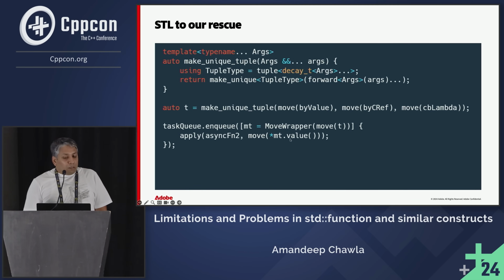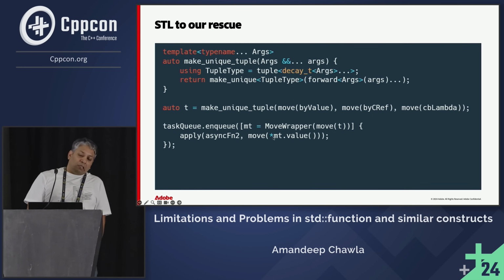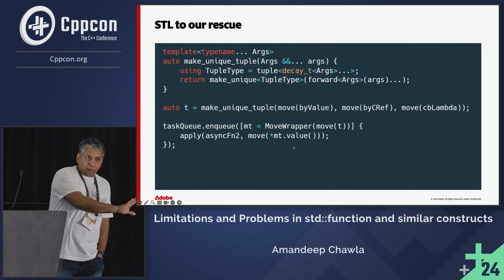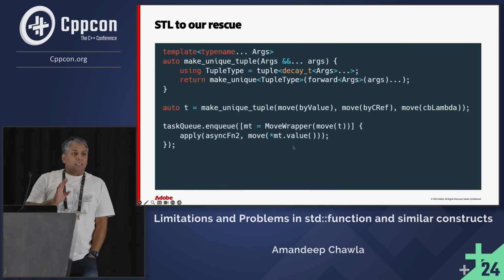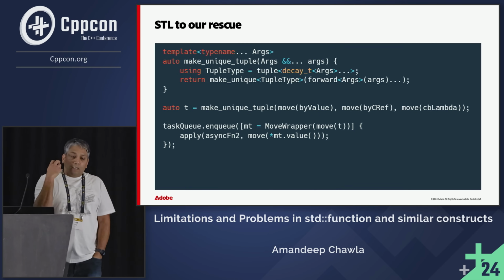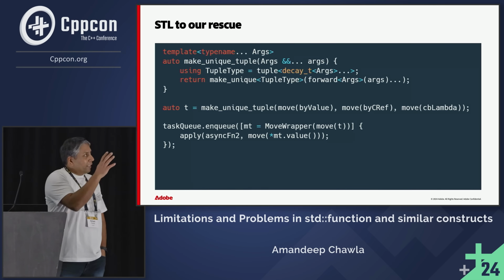And then I can use std::apply to call my function, but you see the machinery which I need to do. I have to call move on dereferencing something on empty.value, so all that thing. But it does the job for me. For async fun2, it does the job with the tuple rather than creating all those structures by hand. I can rely on that.